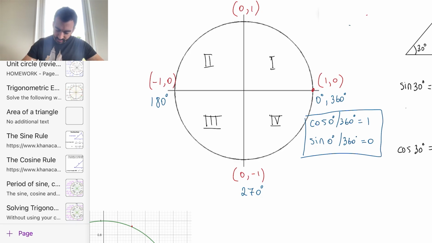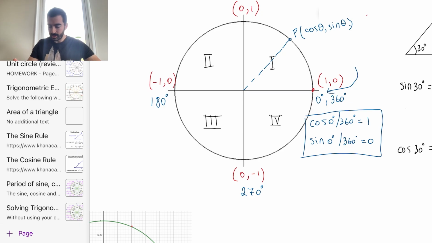Since we've shown before, we had our point P over here, and we have shown that the coordinates of P are cos theta, sine theta. You can imagine it as cos theta is the x, sine theta is the y. So cos of 0 or 360 is 1 in this case, and the sine of 0 or 360 is 0.